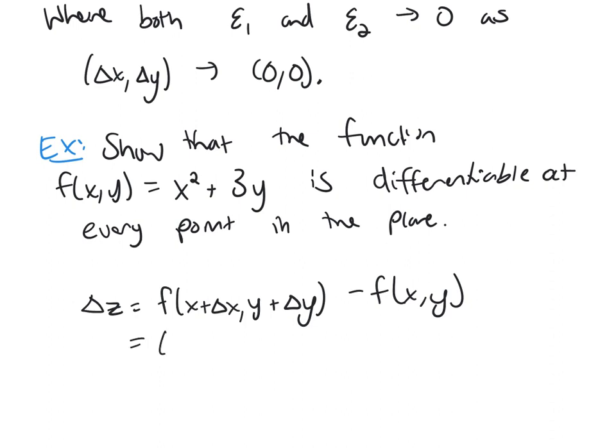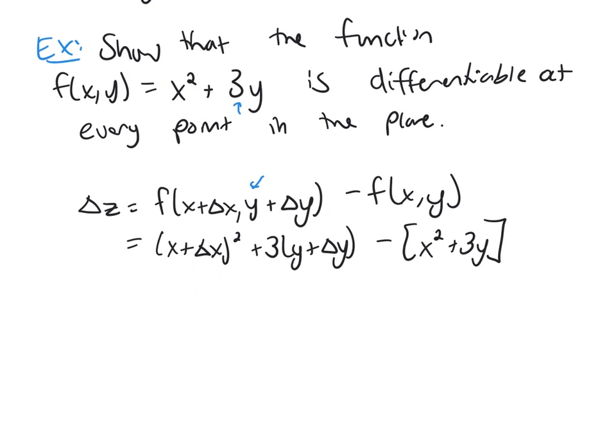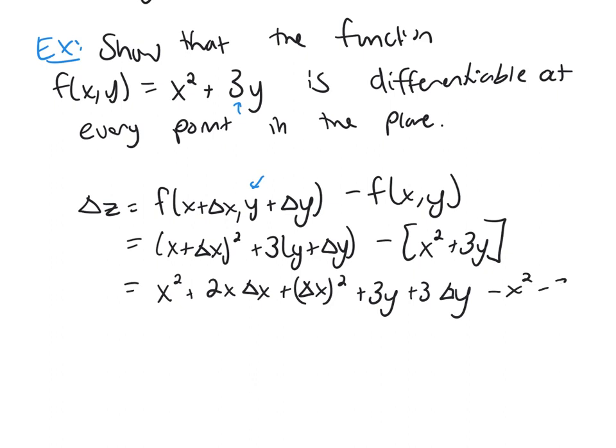So this is, plug these into your function up here. So you would get x plus delta x squared plus 3 times y plus delta y minus the function, which is x squared plus 3y. And now you're going to have to FOIL and distribute. In those first two terms, you'll get x squared plus 2x delta x plus delta x squared plus 3y plus 3 delta y minus x squared minus 3y.